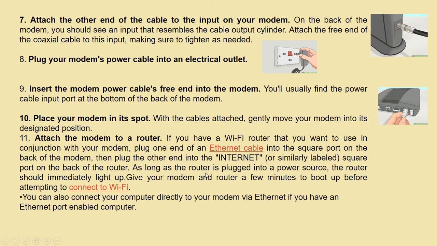As long as the router is plugged into a power source, the router should immediately light up. Give your modem and router a few minutes to boot up before attempting to connect to the Wi-Fi. Okay. You can also connect your computer directly to your modem via Ethernet if you have an Ethernet port enabled computer. So this is the way you are configuring your modem. Okay.